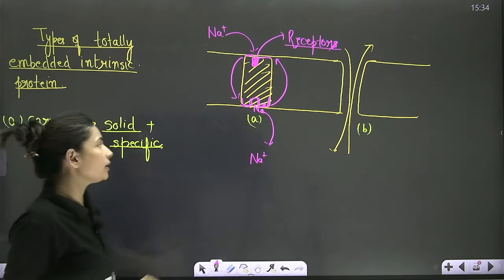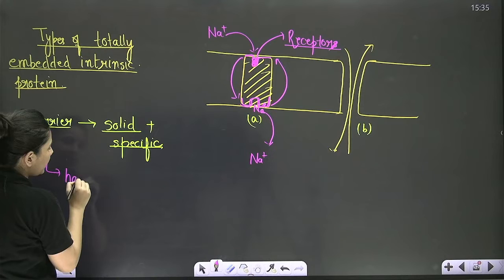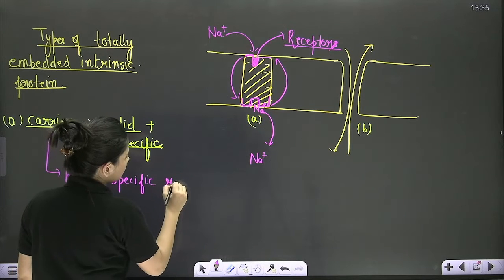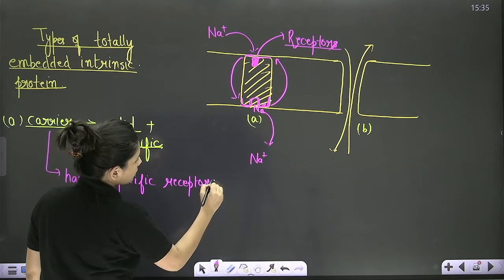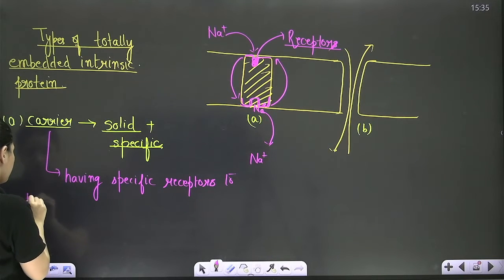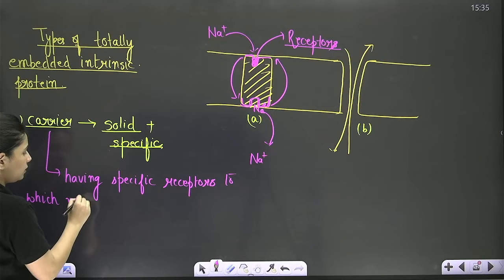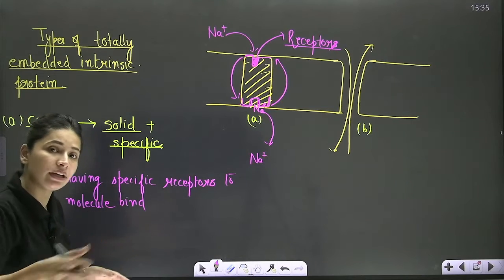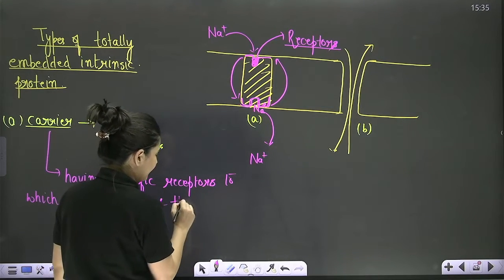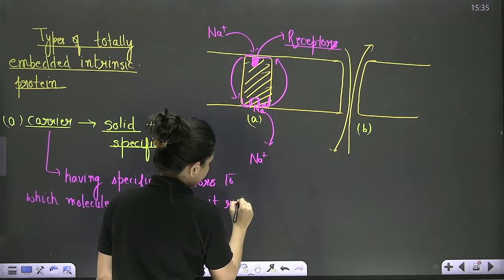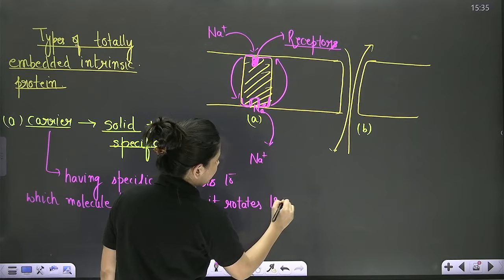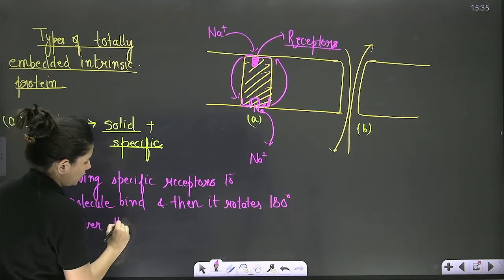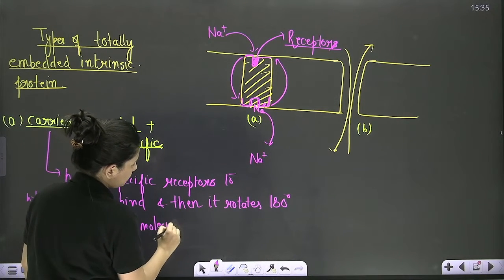So what this carrier protein is doing, it is simply having specific receptors to which the molecule binds, and then it rotates 180 degree to deliver the molecule on the other side.